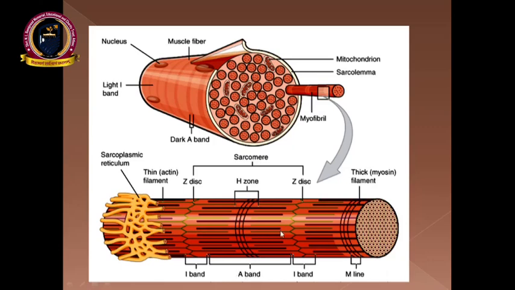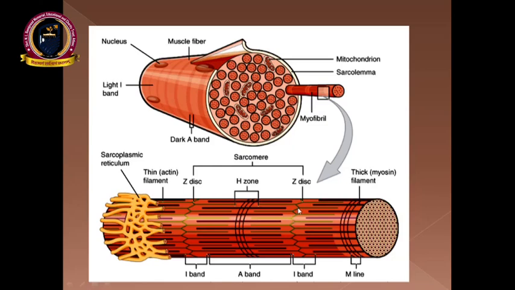And the two A bands will be alternating with, or interspersed with, the light band, which is called the I band, where we have mainly the thin actin filaments.